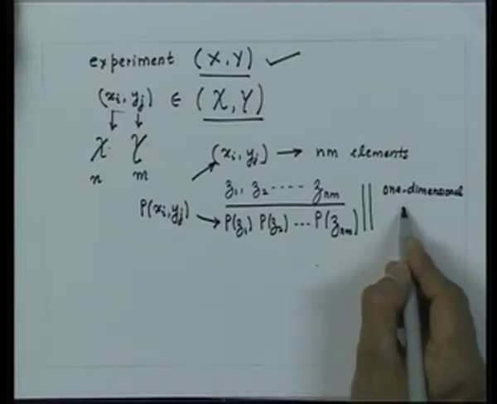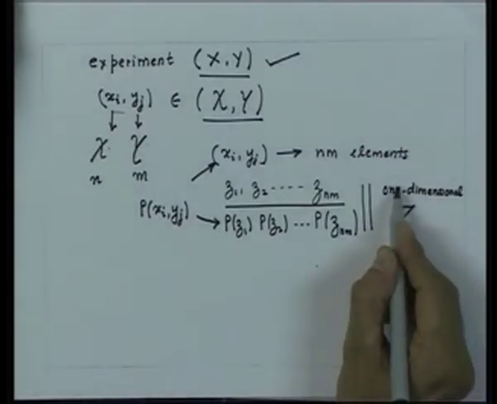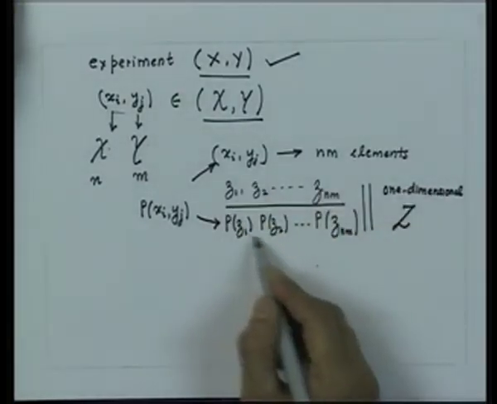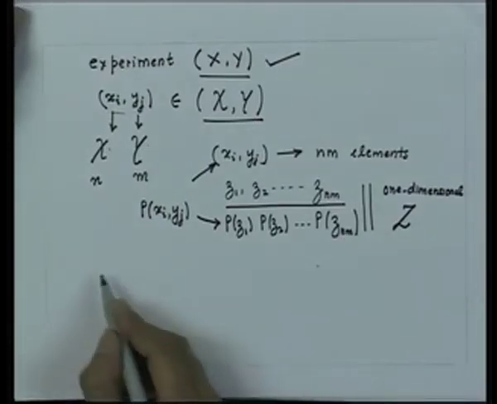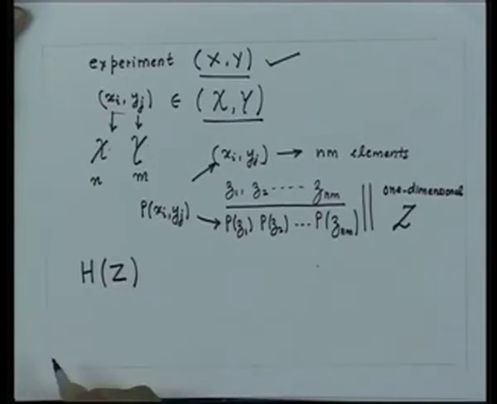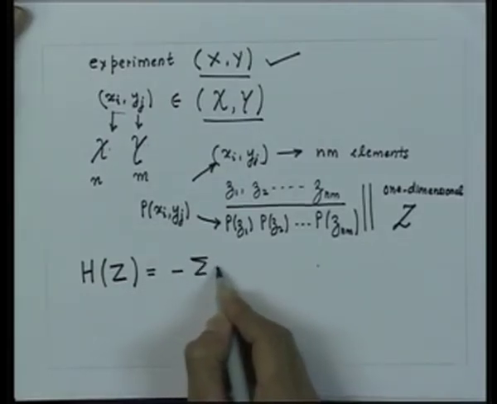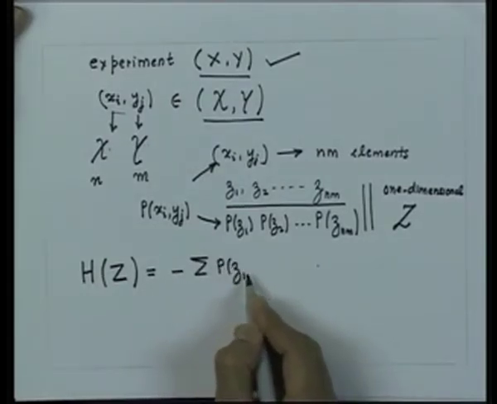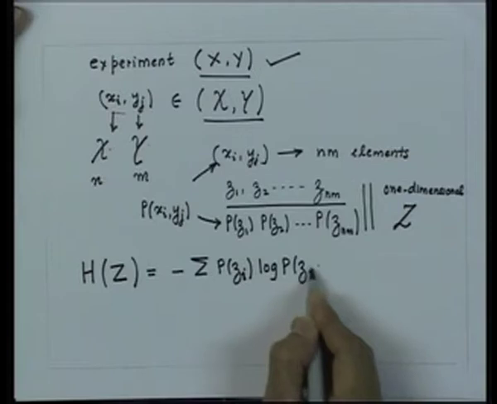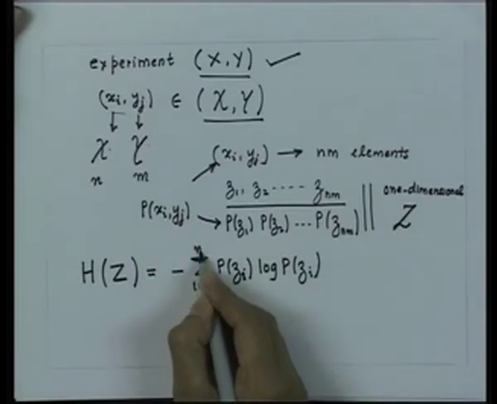Let us call this one dimensional sample space as Z. Now, if I were to find out what is the information associated with this experiment, then going back to our definition, I can define the information measure for this experiment as nothing but given by this simple expression, where my i goes from 1 to nm.